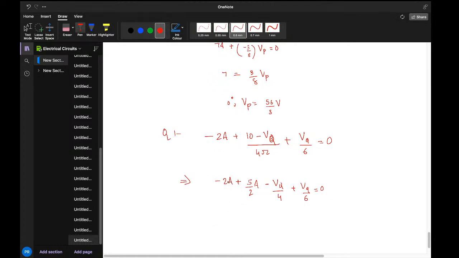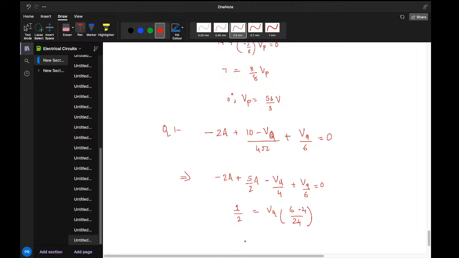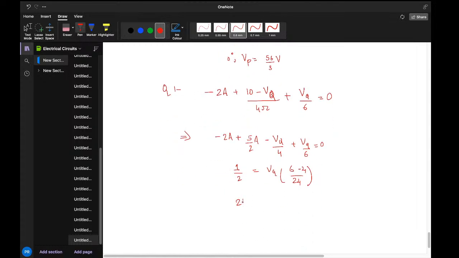So minus 4 plus 1 is going to be 1 by 2 over here equals VQ, 24 6 minus 4. So it's 24 by 2 into 2 over here equals V of Q over here.